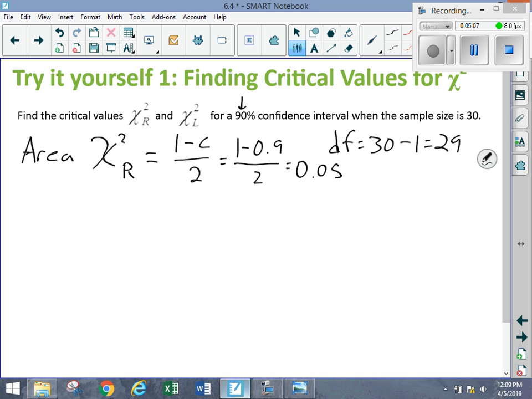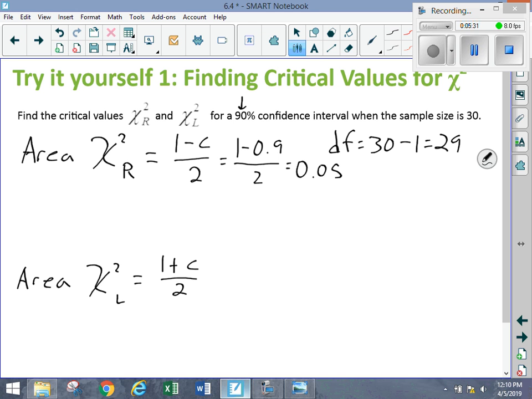Next we need to find the area for our chi-square sub L, our left tail. That is going to be 1 plus c divided by 2, because you have to subtract the area from 1.